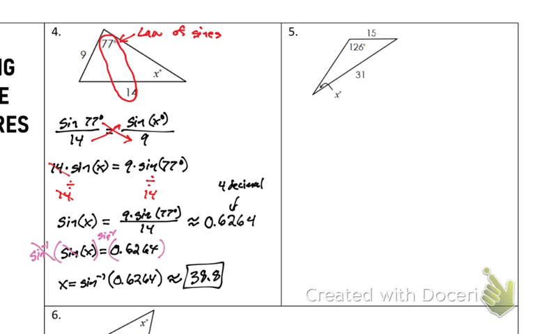Who in here has a graphing calculator? If you have a graphing calculator, it is possible to do sine inverse of all of this stuff. So you could just type in sine inverse of 9 times sine of 77 divided by 14. You could plug it all in at once. Your calculators can do it as well, some of the more advanced ones. Yeah?